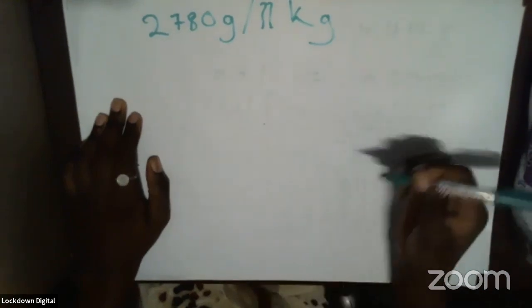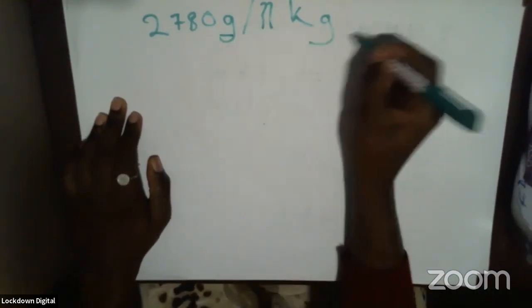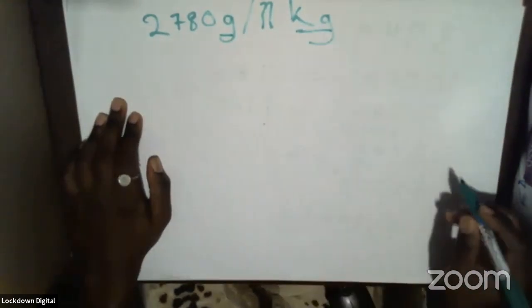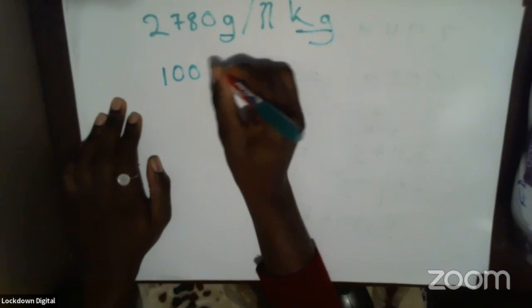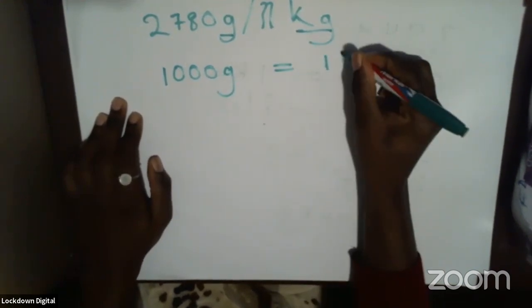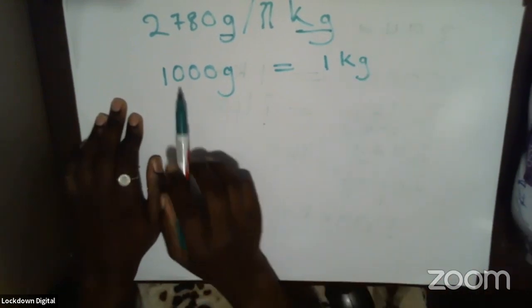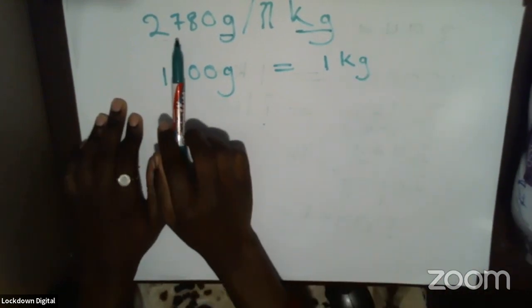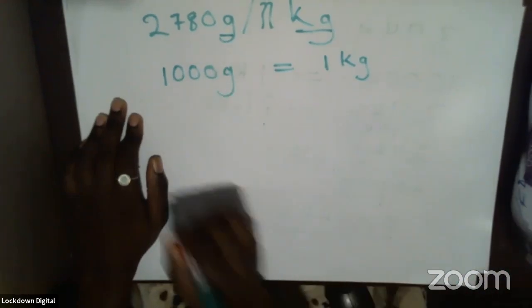What do we know about kgs and grams? What is the relationship that we know about these two quantities? We know that 1,000 grams, again, is equal to 1 kg. We now need to figure out what is 2,780 grams in kg.